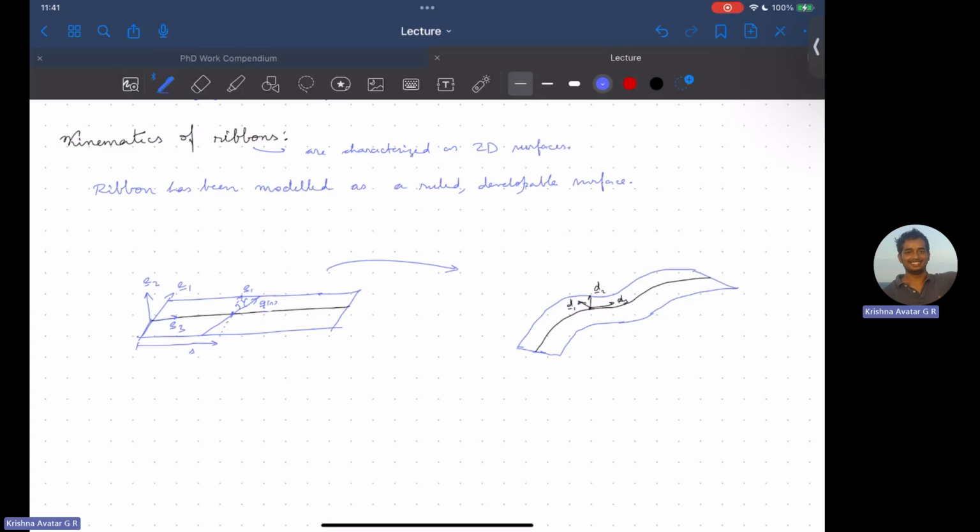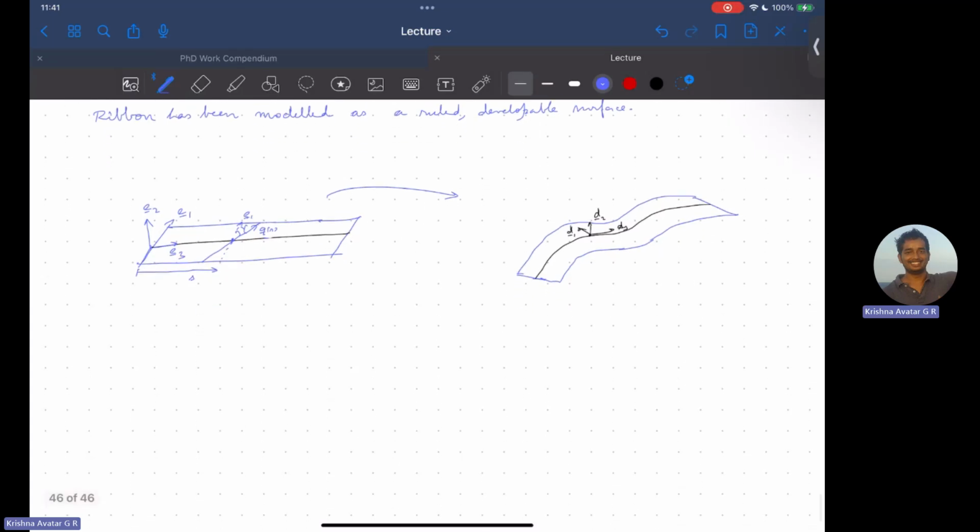Fine, so now let's parameterize it. We assume a thickness T, and we are lumping the entire body into a surface, so what we are presenting is the mid surface of a ribbon.